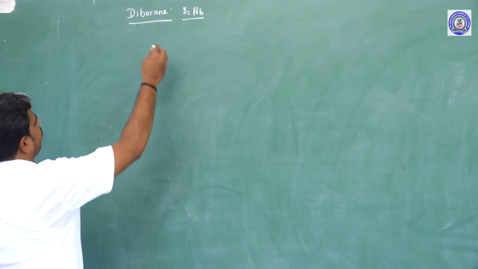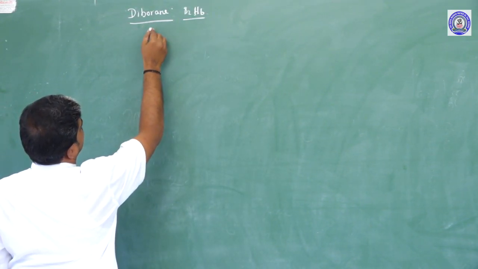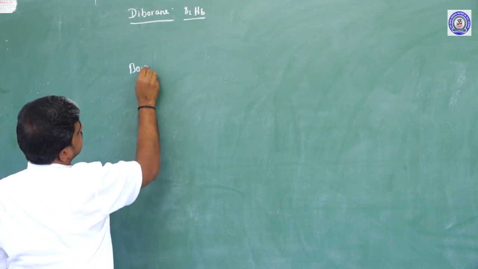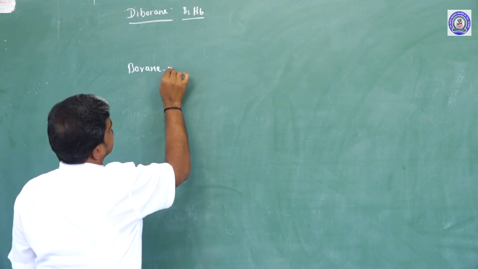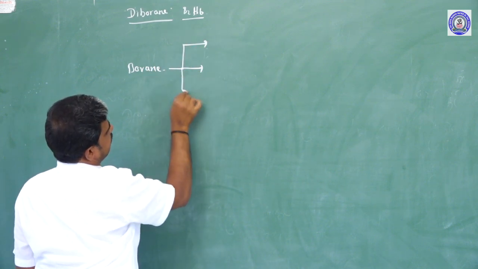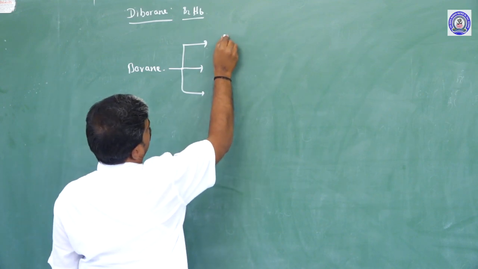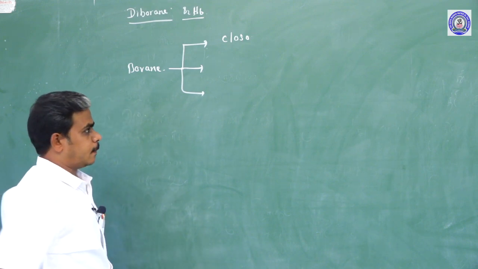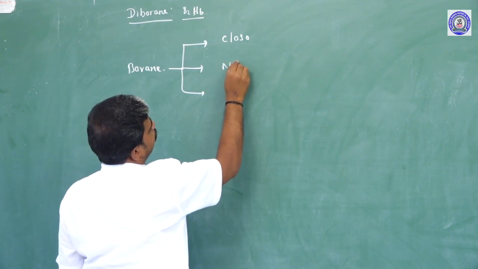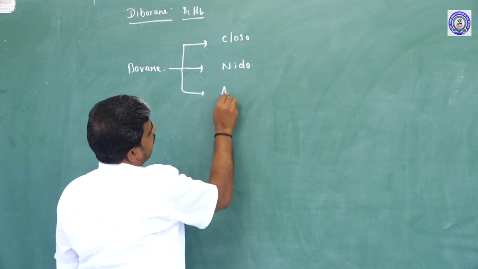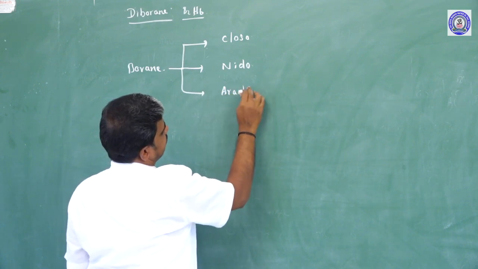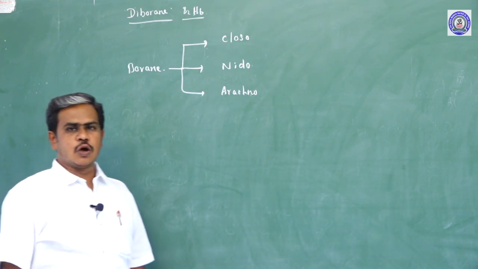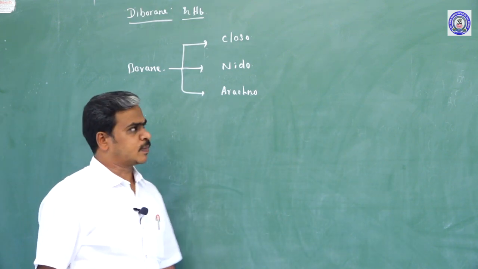Now, we may classify the boranes into three types: closoborane, nidoborane and arachnoborane.